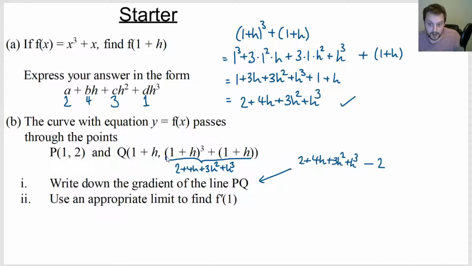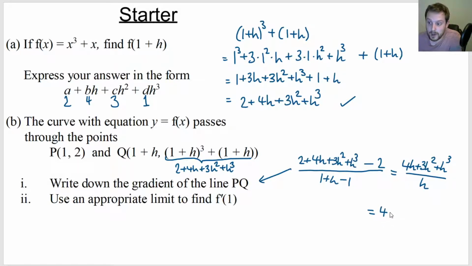Right, it's this take away this 2, over the difference in the x's, which is of course just 1 plus h take away 1. So when you simplify this, you get 4h plus 3h squared plus h cubed all over h, which, okay, we can simplify again.